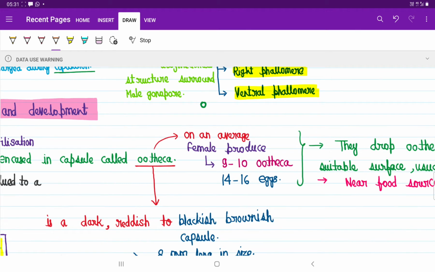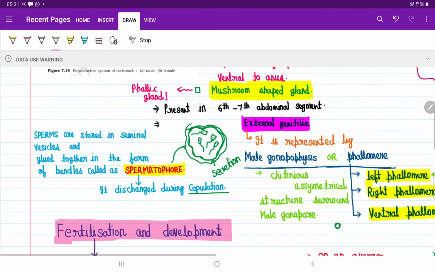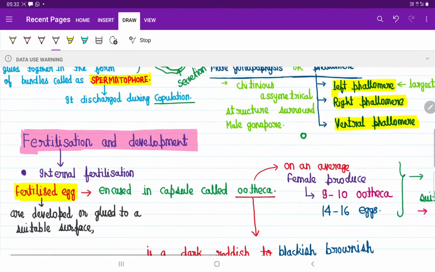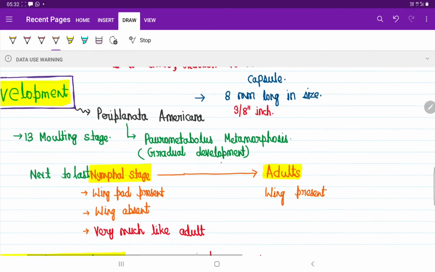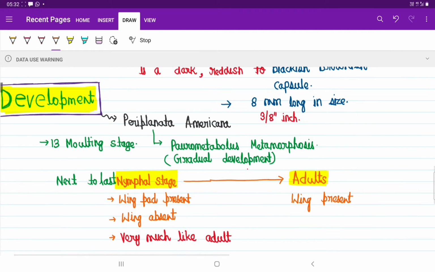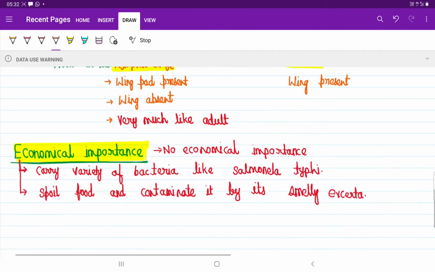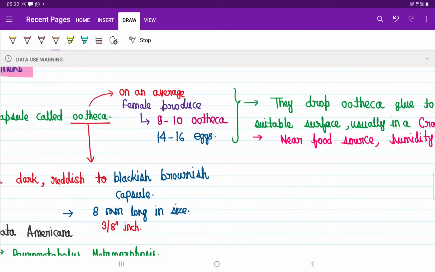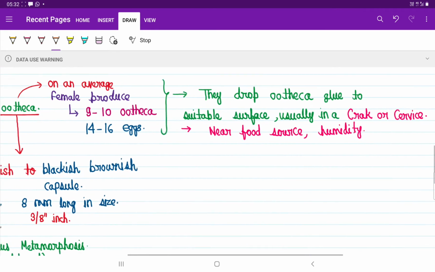The outer wall of the ootheca is formed by the secretion of the collateral gland. Yes, this collateral gland will form the outer wall of the ootheca, right students? The ootheca will be released by the cockroach in some moist places, like in your kitchen, in the cracks of the floor.